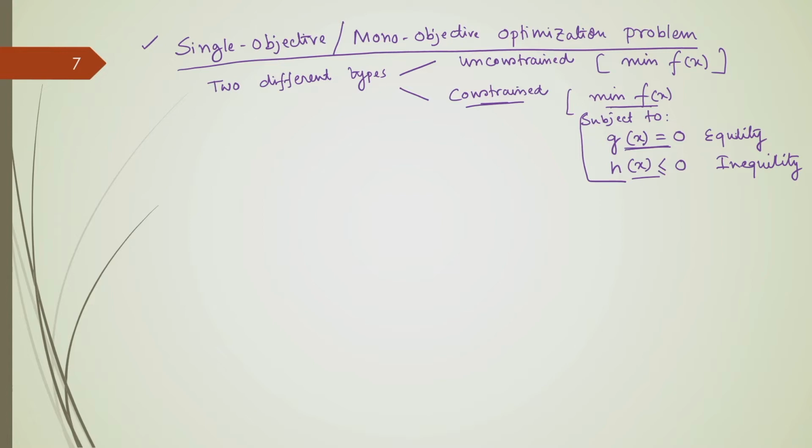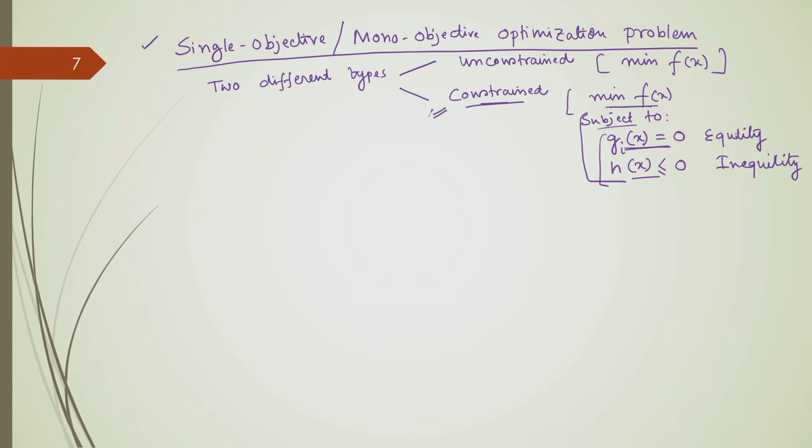Whatever solution we get should satisfy the equality and inequality constraints. There might be a number of equality constraints and a number of inequality constraints.